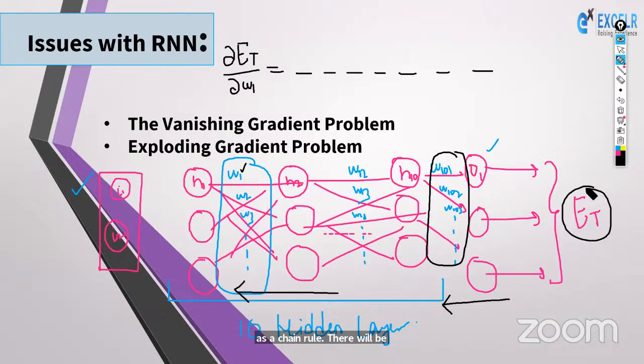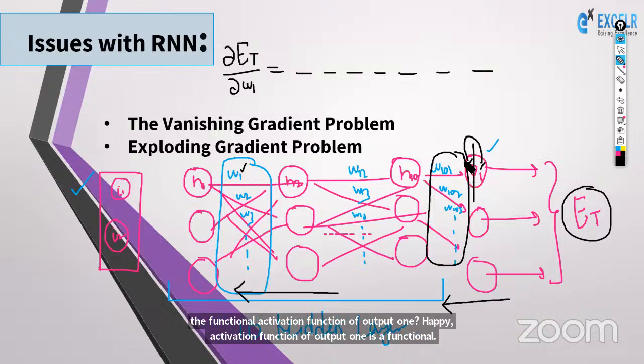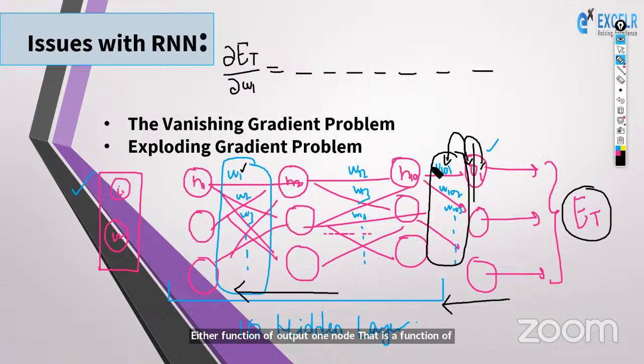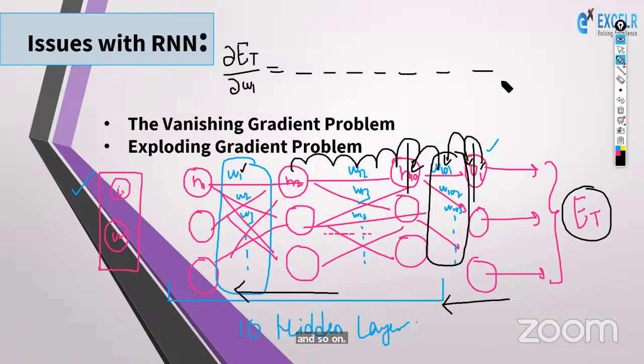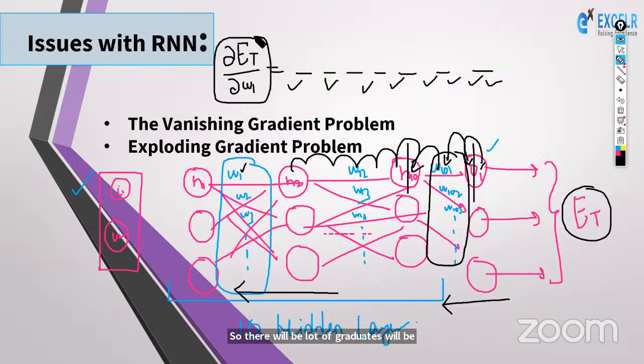First of all, your E total is a function of the activation function of output one. The activation function of output one is a function of the adder function of the output one node. That is a function of this particular weight value. This weight is a function of the output of the 10th hidden layer node activation function, and so on. So there will be a lot of gradients at the backend to calculate this particular gradient value.